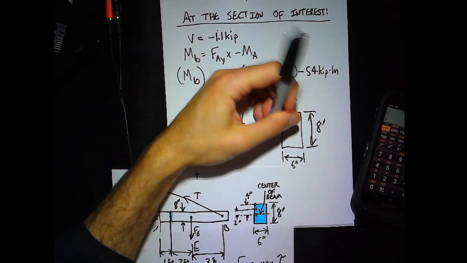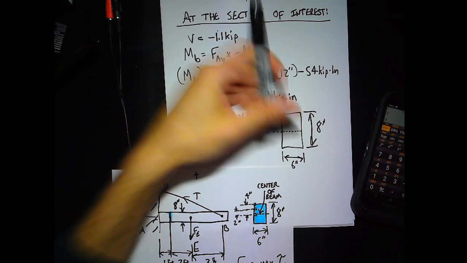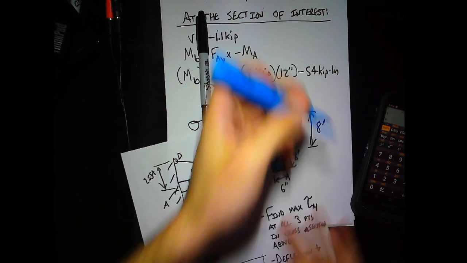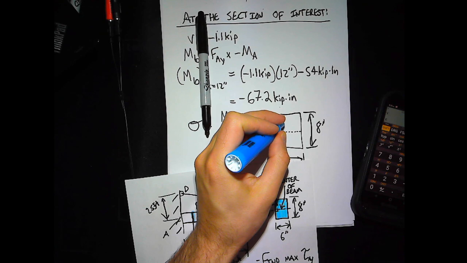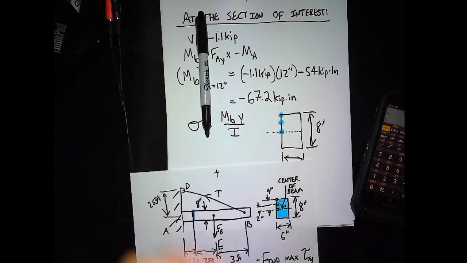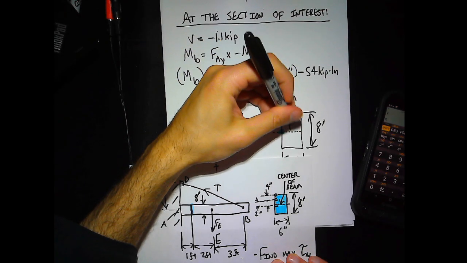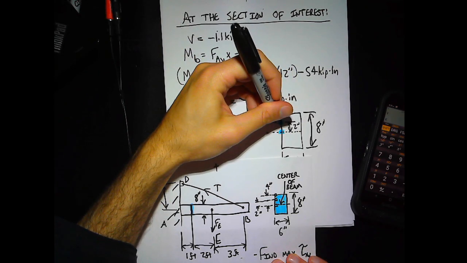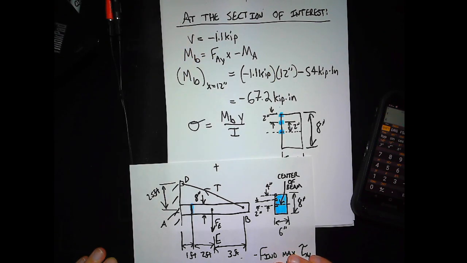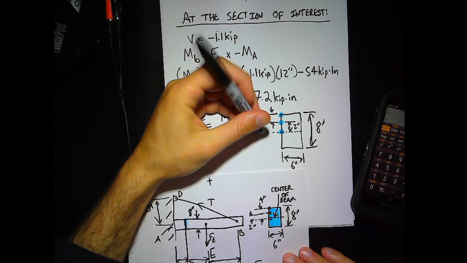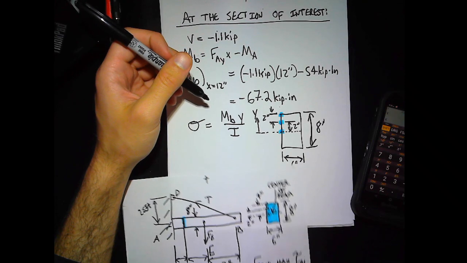It's a rectangle, so the neutral axis is dead in the middle because that's where the centroid is. I'm interested in finding stress at 3 points: one right in the center, one between the top and the center, and the other at the top. So that's 2 inches up, and the last one's 2 inches above that.